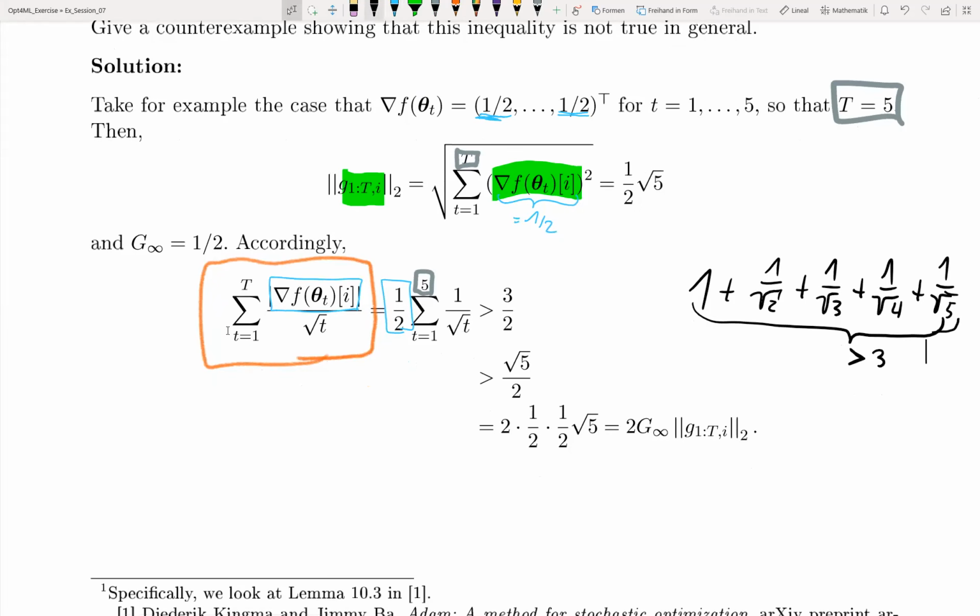And what we have is this orange left-hand side is strictly greater than this rainbow color right-hand side. This is what we had here. So, simple example, this is not true, what they are claiming.